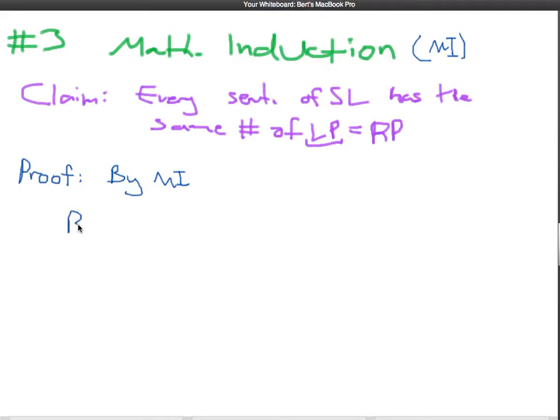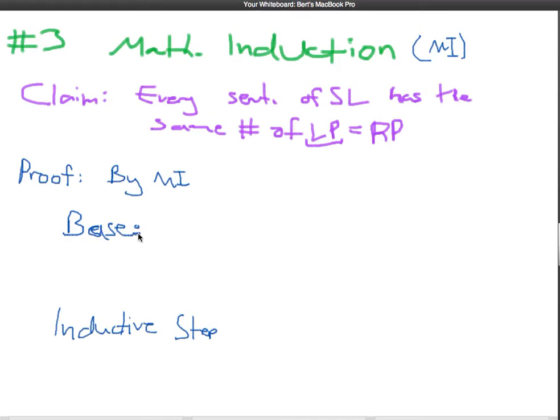You need the base, and we're also going to need the inductive step. I'll write it down here for now, but I might have to erase it and move it. So there's going to be two parts: the base and then the inductive step. And I think the book calls this the basis clause.